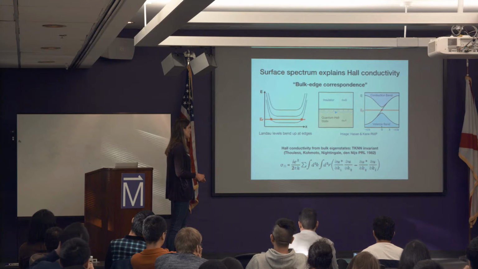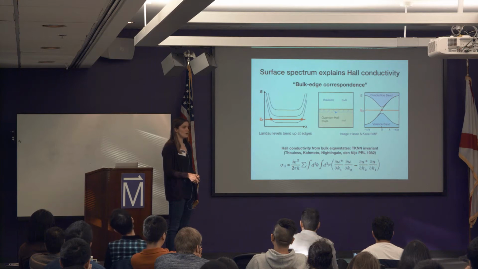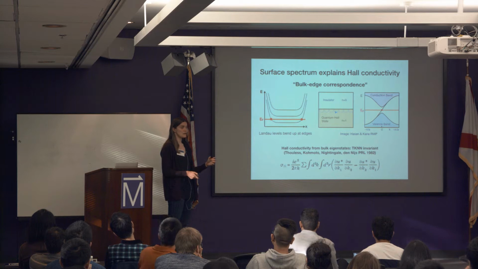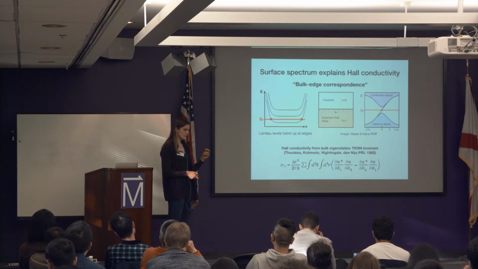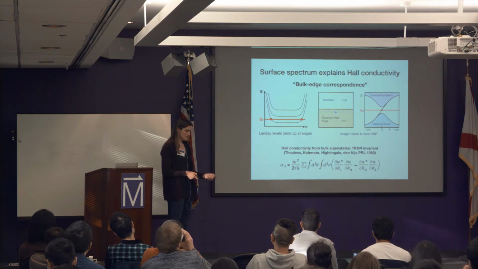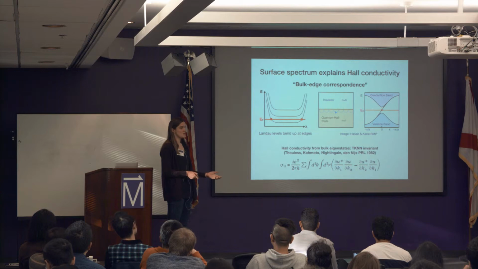But what we can do is still look at, the system will still have eigenstates and they'll still have a spatial distribution. So we can look at the center of these states, like the center of the cyclotron orbits, and then we can see, for a state that has a particular center located in space, what is the energy of that state? So that's one way that we can think of it.